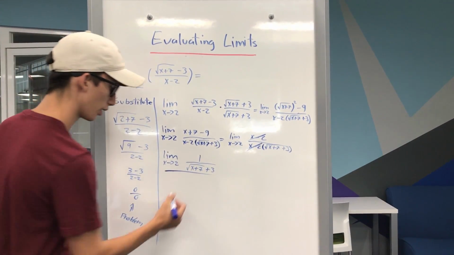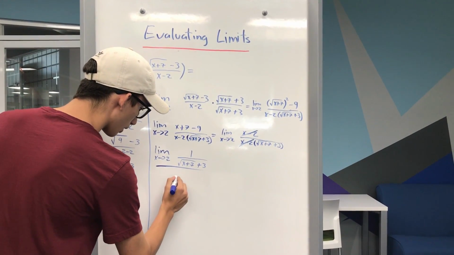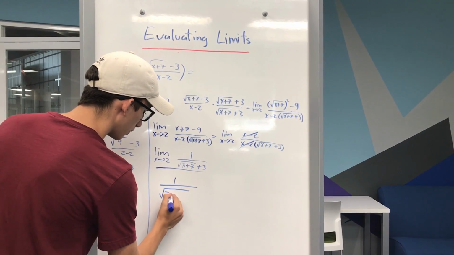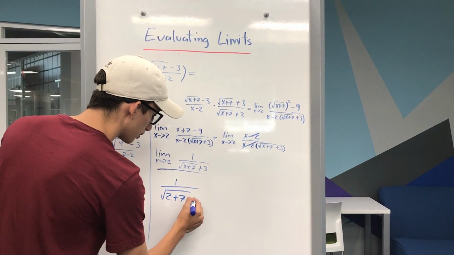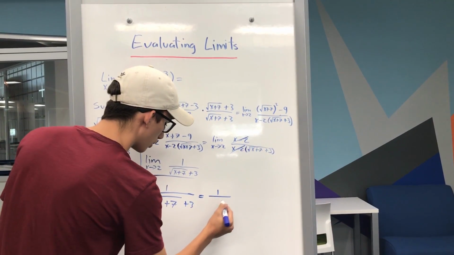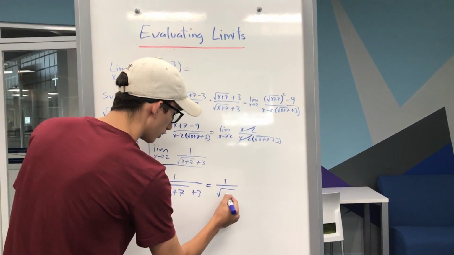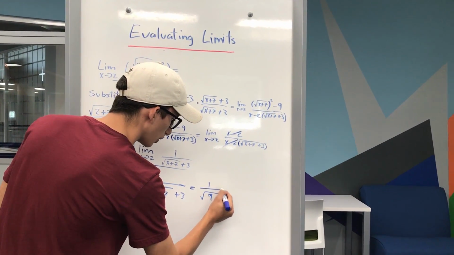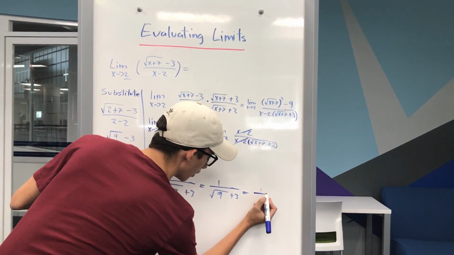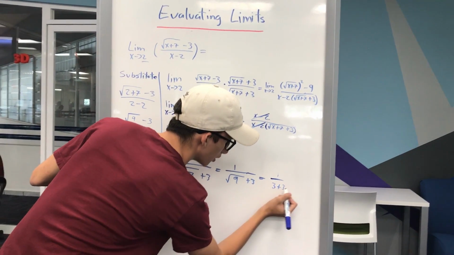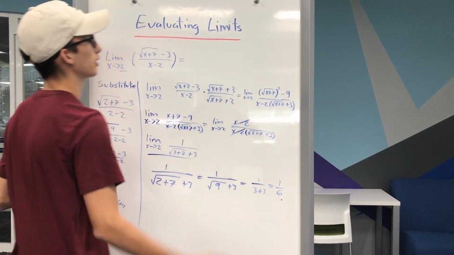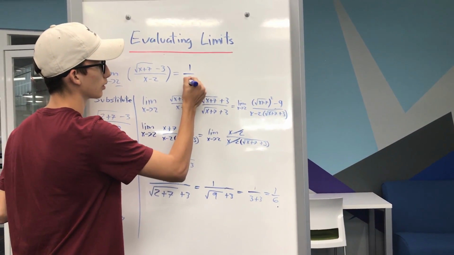So it's going to be 1 over the square root of 2 plus 7 plus 3. It's going to be equal to 1 over the square root of 9 plus 3, and this is going to be equal to 1 over 3 plus 3, which is 1 over 6, and that's your final answer, 1 over 6.